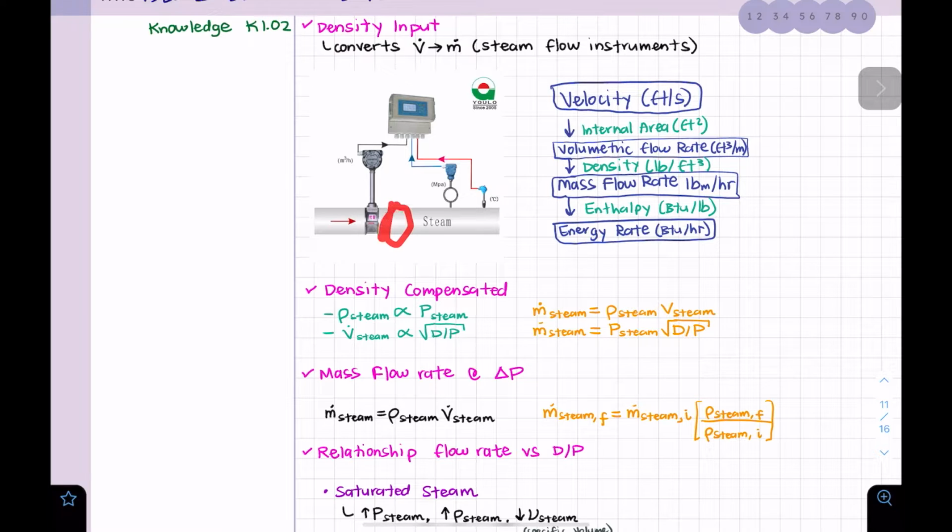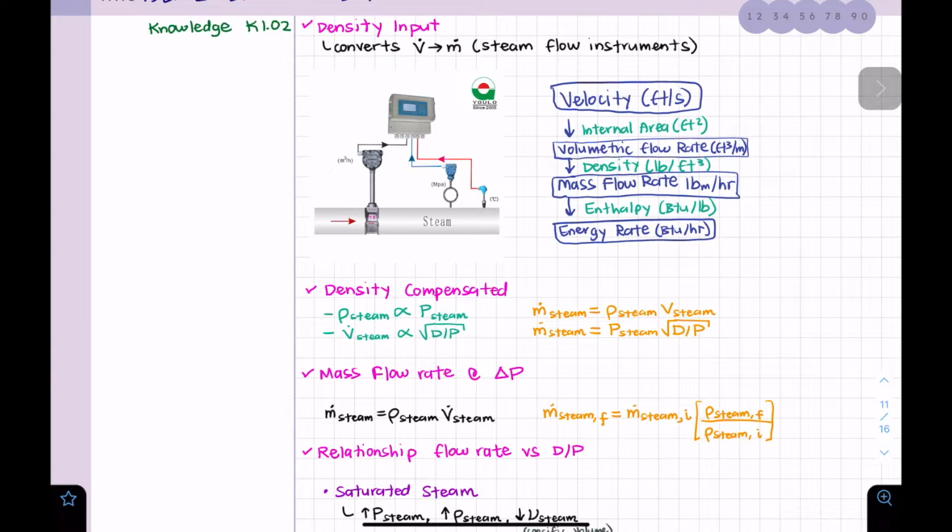And also we're gonna have the internal area. So since we already know this internal area, and we measure the velocity, we can get the volumetric flow rate, right? We get the volumetric flow rate, and since we know the density of the steam, from that information, we can calculate the mass flow rate. So that's why we say that we are converting from volumetric flow rate to mass flow rate.